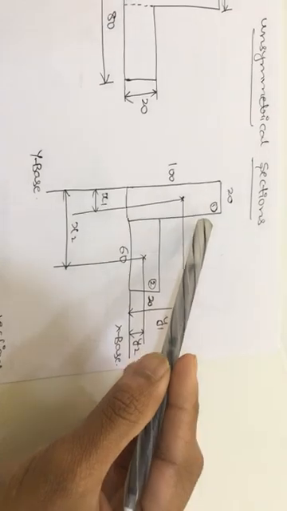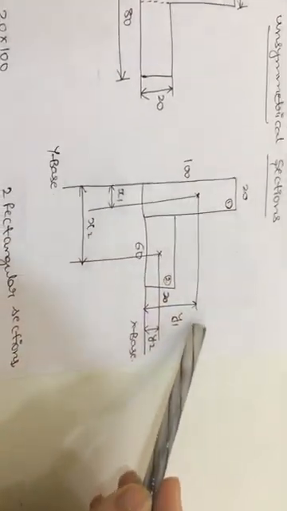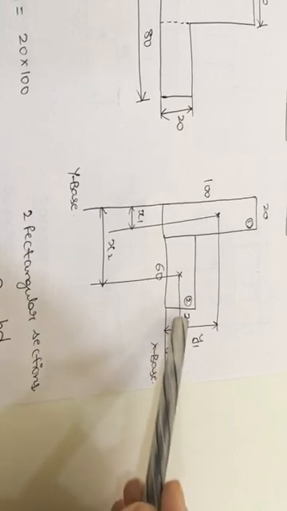Next, what is the y bar formula? D by 2. For the first section, the depth value is equal to 100. So 100 by 2. Next, for the second section, the depth value is equal to 20. So 20 by 2.